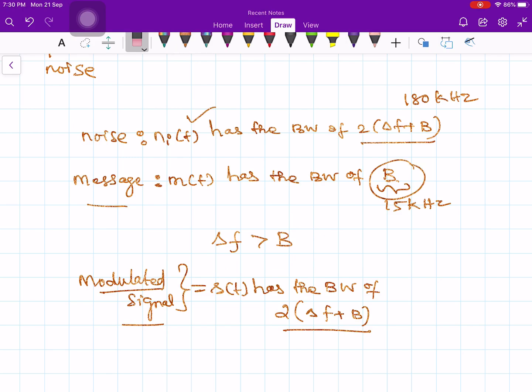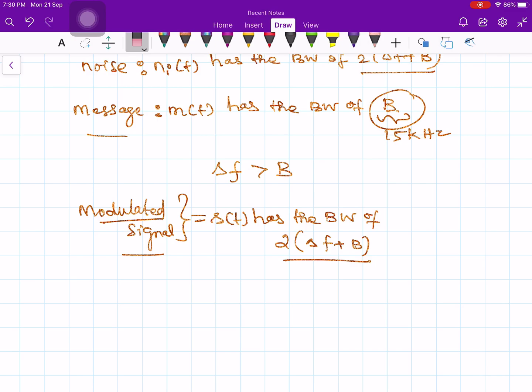Now what is the implication of all these things? The implication is as follows. Let us look at the modulated signal, S of t equals A times cos of omega c t plus psi of t.